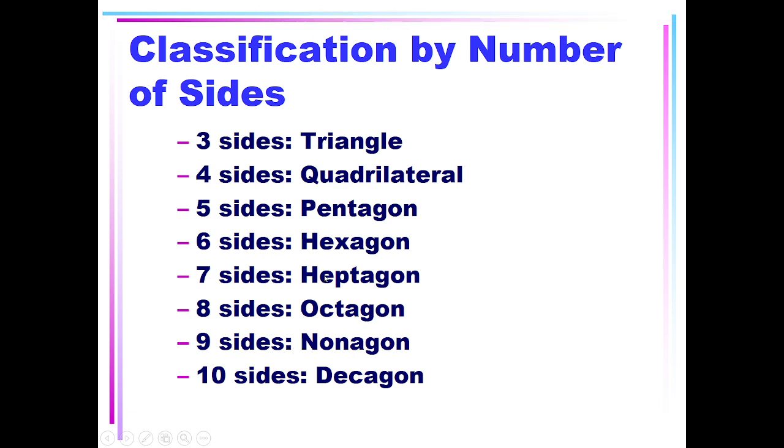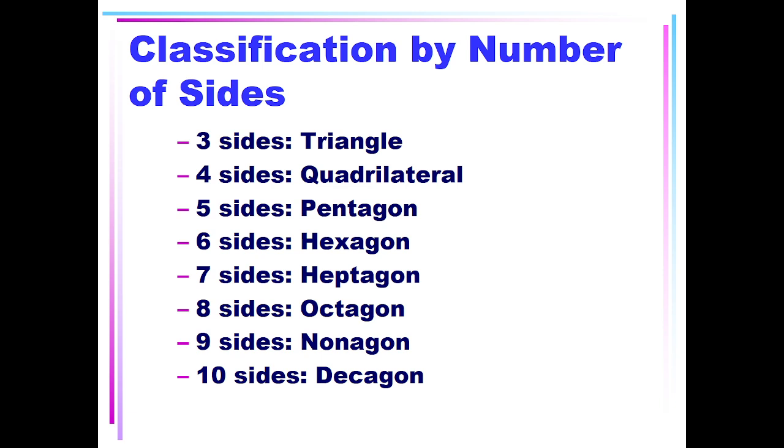Okay, so let's go to the classification of polygons by the number of sides. So as we said, at least we have three line segments that make up a polygon. So the first type of polygon is the triangle. So take note of the prefixes here.